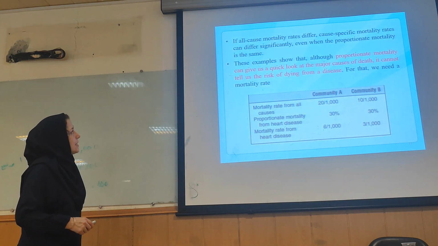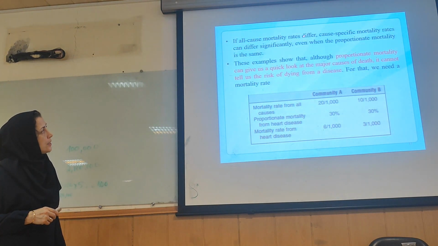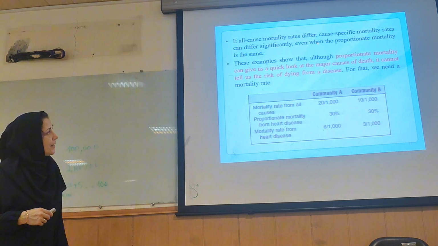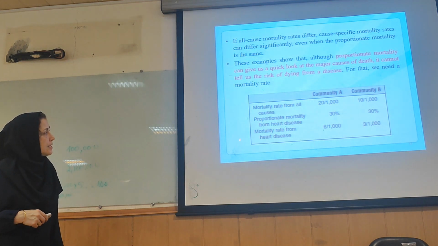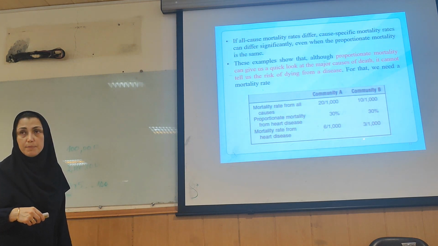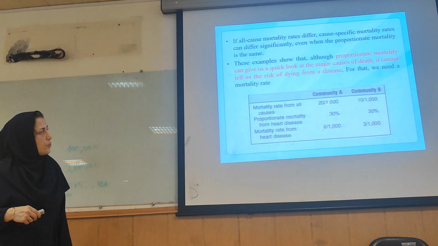Please see this example. If all-cause mortality rates differ, cause-specific mortality rates can differ significantly even when the proportionate mortality is the same. It is this scenario. You can see community A and community B. Mortality rate from all causes in community A is 20 and in community B is 10.